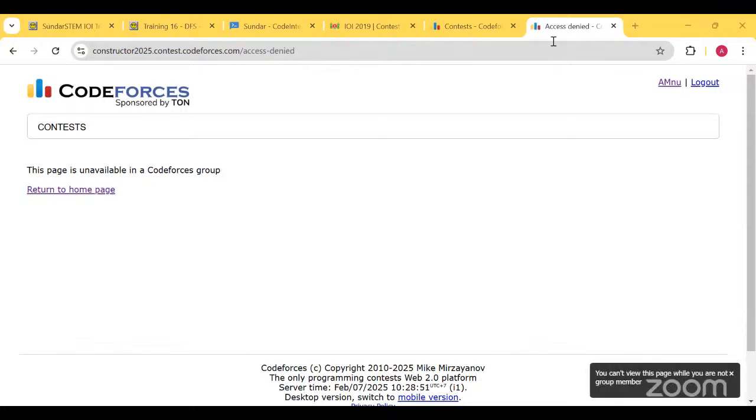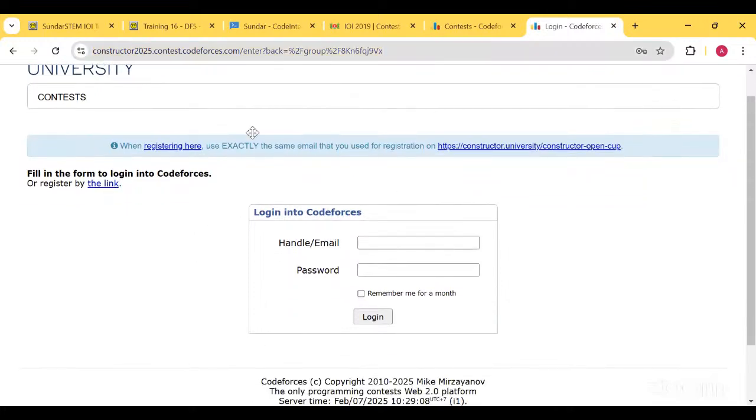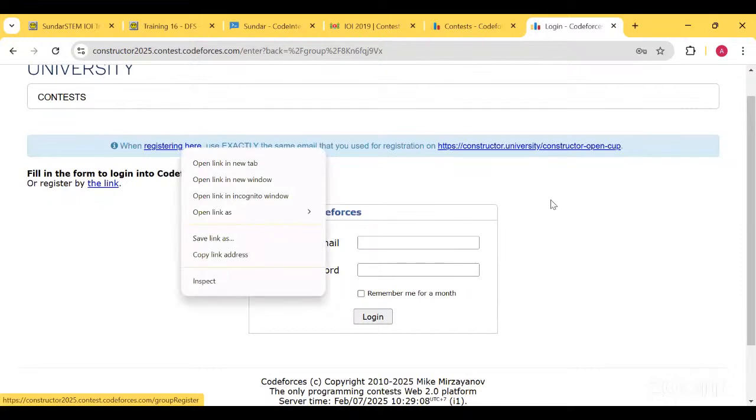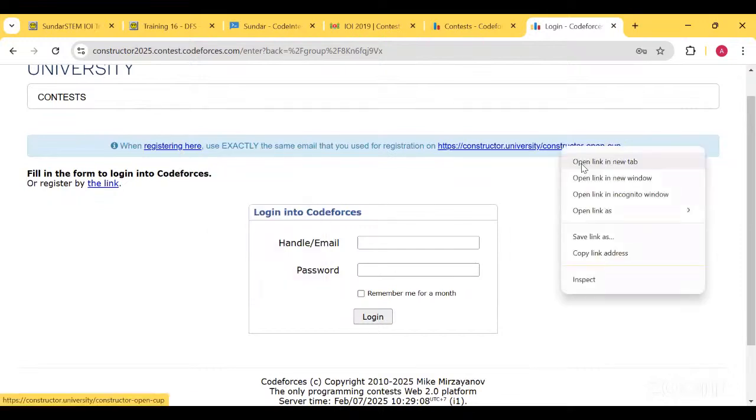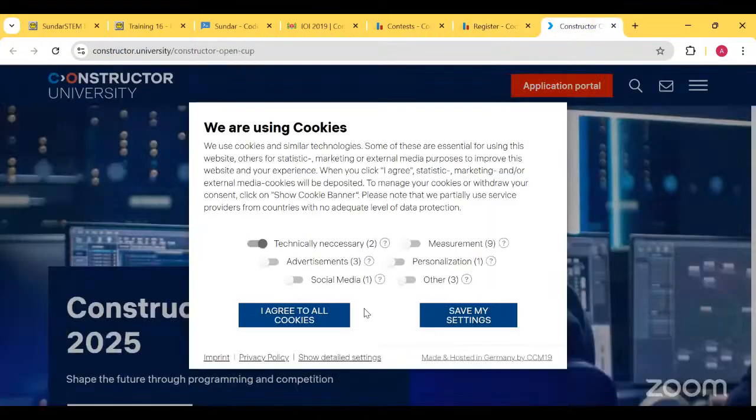So how to register it? Okay, so I will register it later.